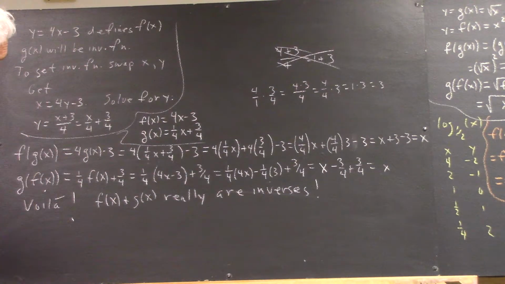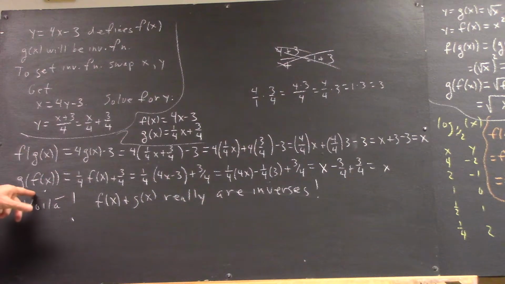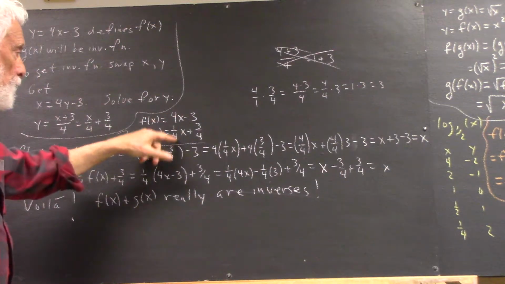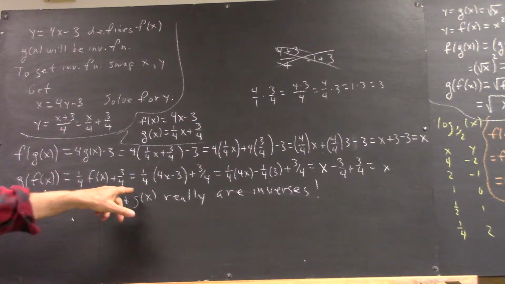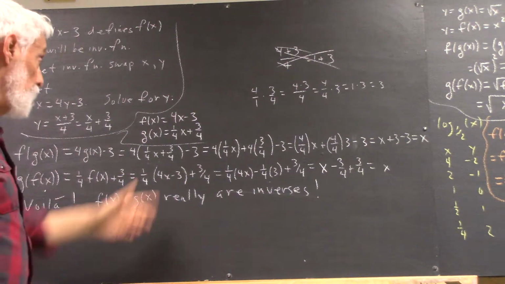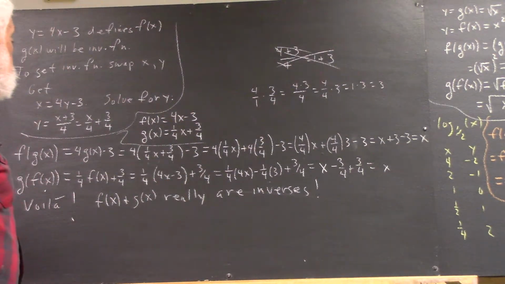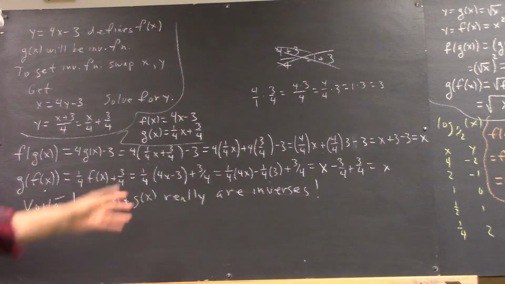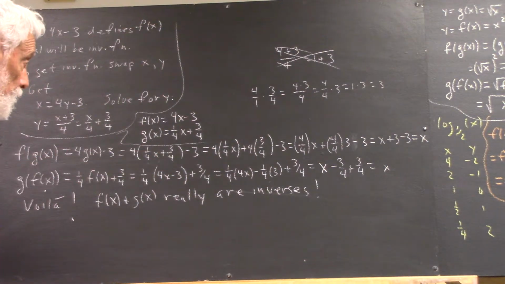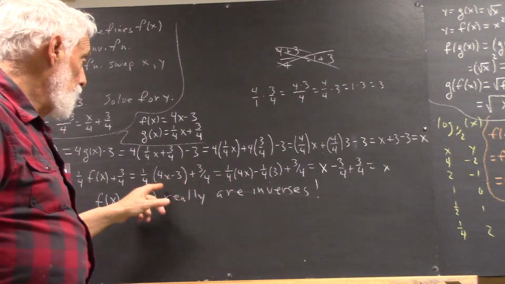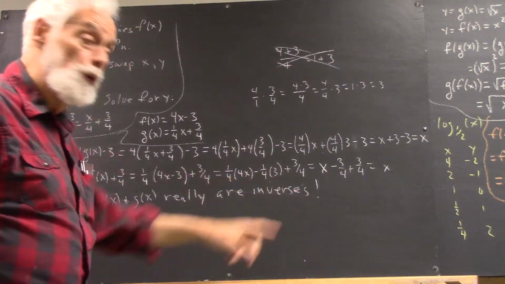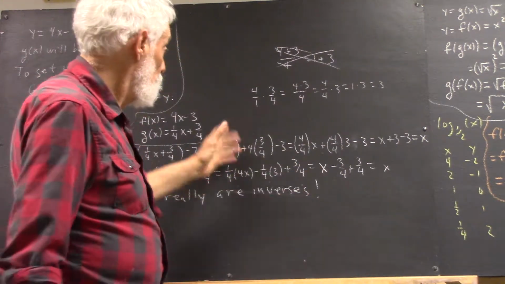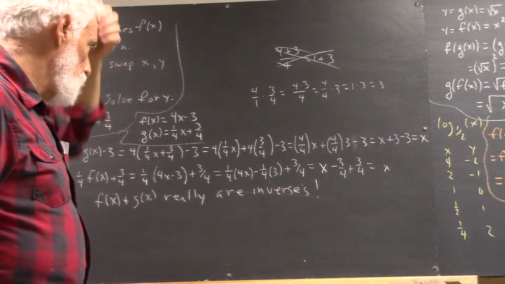Okay, now g of f of x, what's that? G of x is 1/4 x plus 3/4, so g of f of x is 1/4 f of x plus 3/4. F of x is 4x minus 3, so we get this expression that I won't read to you, but 1/4 then of 4x minus 3 is 1/4 of 4x minus 1/4 of 3 plus 3/4. 1/4 of 4x is x, and you can go through this sort of thing to verify that for yourself.